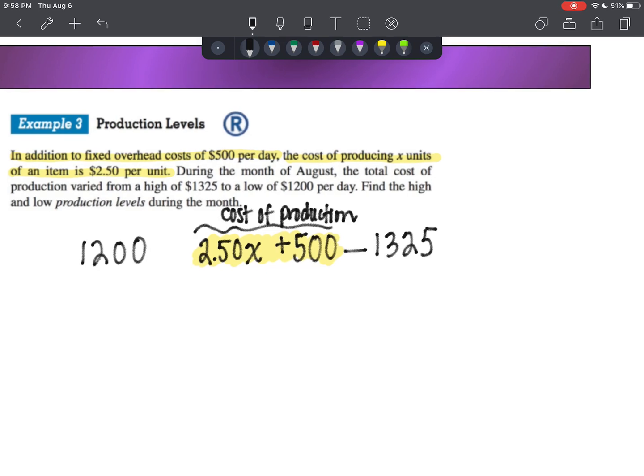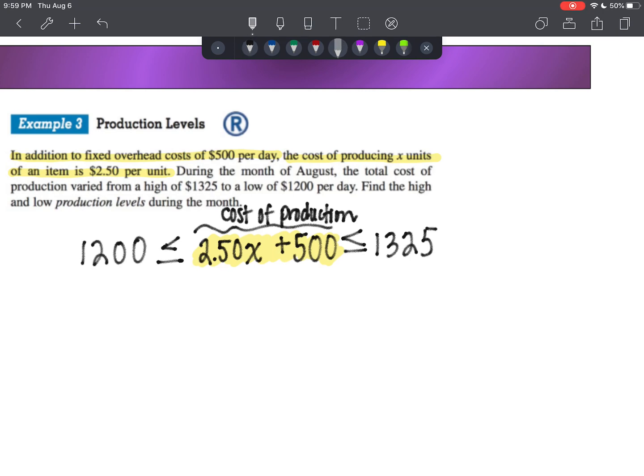It was equal to $1,325 or less than that because it varied, and greater than or equal to $1,200 because it actually achieved a low of $1,200 per day. We want to find the high and low production levels during the month, so we need to solve for X.